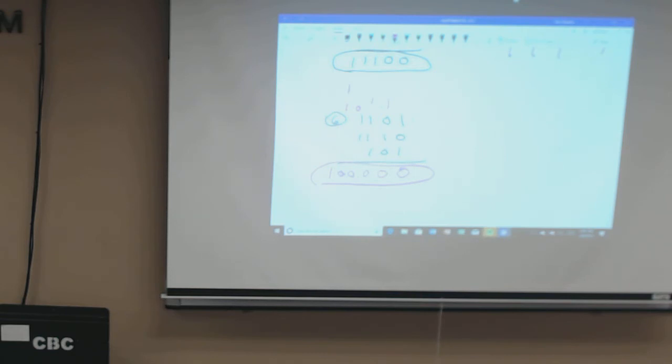Now that you can do addition, how about doing subtraction? Let's do number 8, I guess, since it's there. Go back to black. Let's do number 8.